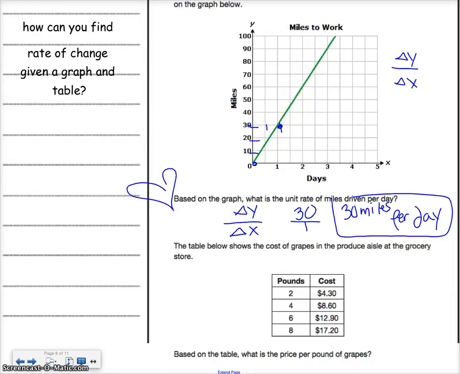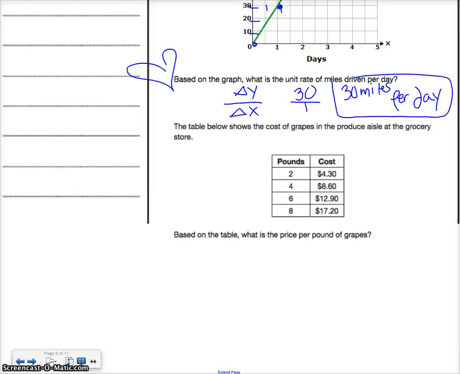The last thing that we're going to do today is analyze a table. A table is always change in y over change in x. Remember, slope represents steepness. Steepness means how fast your height changes. Height is y, x is x, also known as time if I'm talking about something like that. So I have x, y. How does my y change? From 430 to 860, it looks like I went up 430, right?